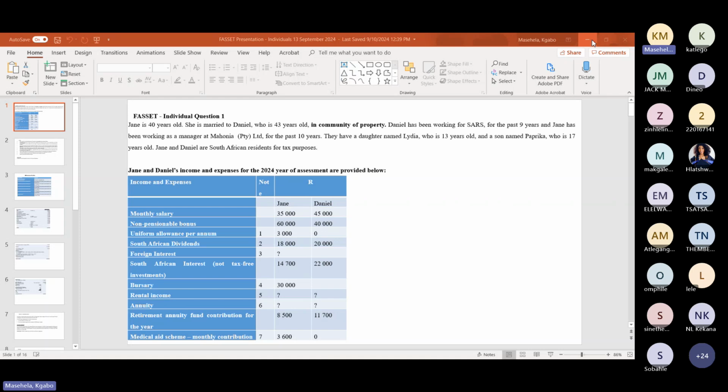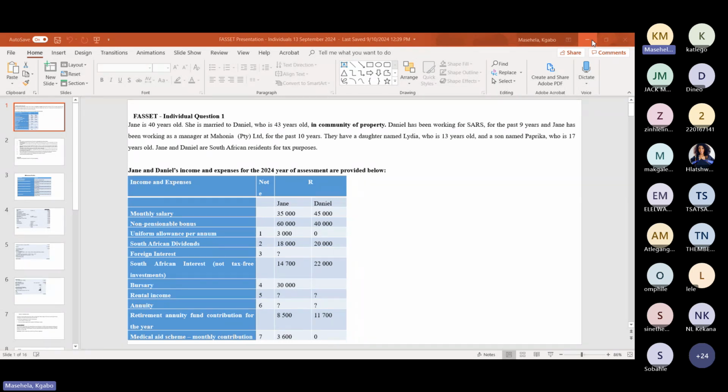We have the monthly salary for both, non-pensionable bonus, uniform allowance per annum, dividends, foreign interest, South African interest, the bursary, rental income, annuity, retirement annuity, and again, the medical aid scheme, a monthly contribution. And students, when you look at this, already you've got this in mind.